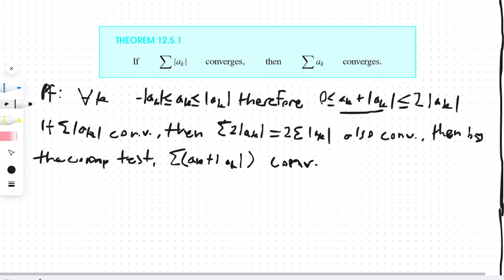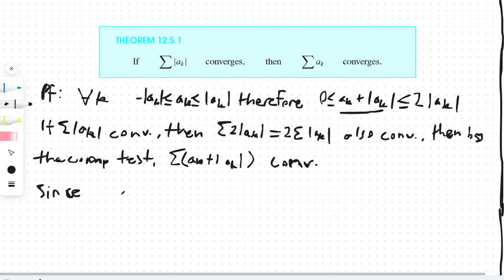Now the question is, does that necessarily imply that the series of a_k is convergent? The answer is yes, of course, but we need to show it formally. We can't be informal in proofs.